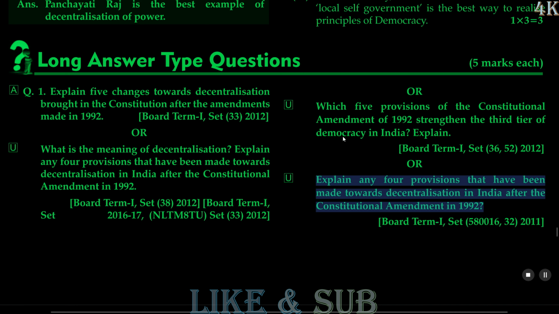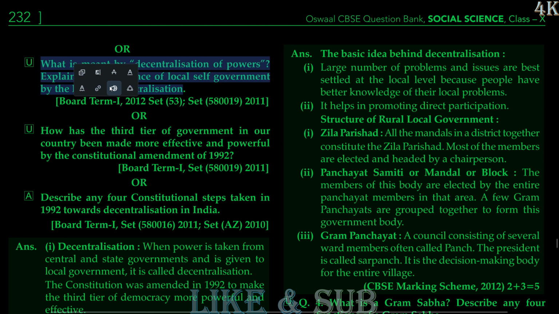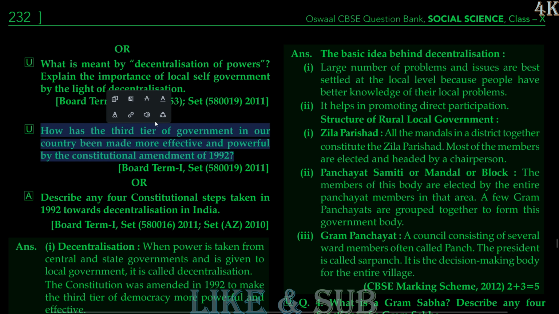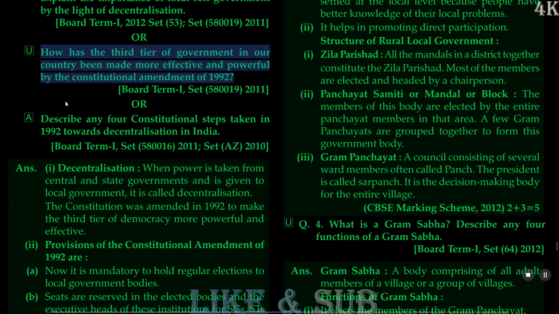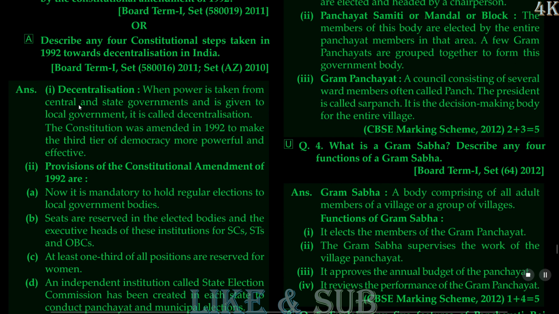Explain. What is meant by decentralization of powers? Explain the importance of local self-government in the light of decentralization. How has the third tier of government in our country been made more effective and powerful by the constitutional amendment of 1992? Describe any 4 constitutional steps taken in 1992 towards decentralization in India.